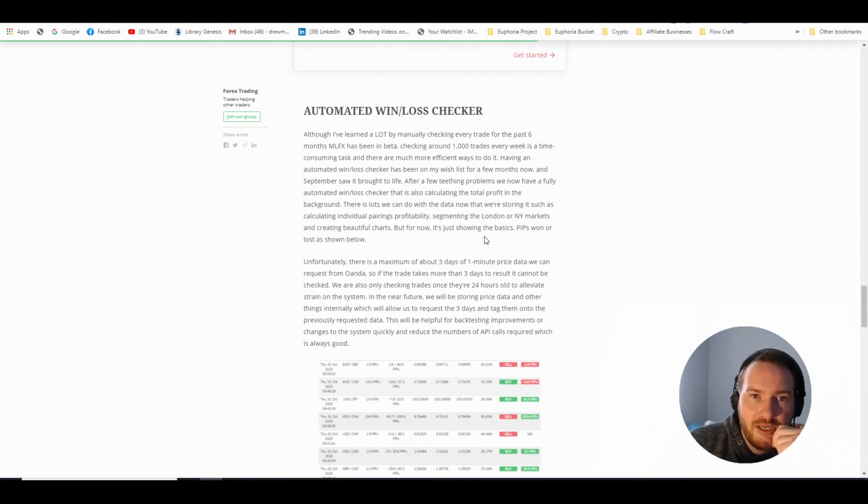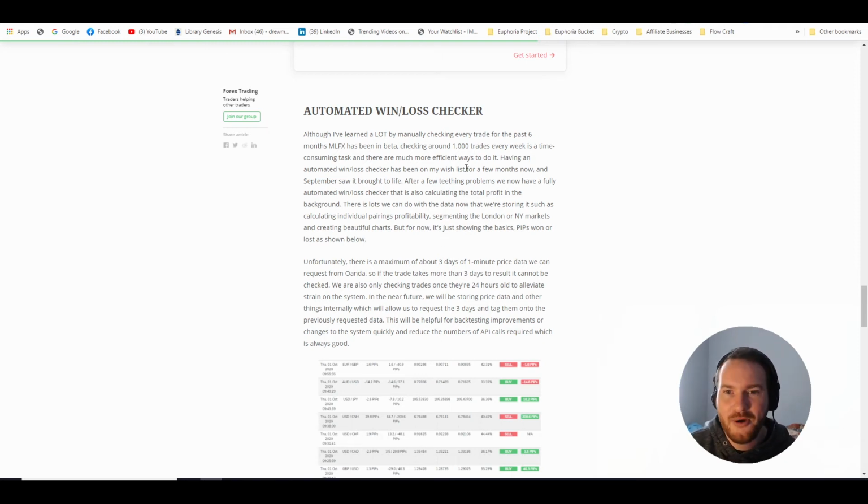Then after that, one of my favorite things we've done so far, and I think this is going to be exceptional for marketing, also just for motivation, because we can immediately see if the improvements we're making are having an impact. This is in the very early stages, but it is the automated win-loss checker.